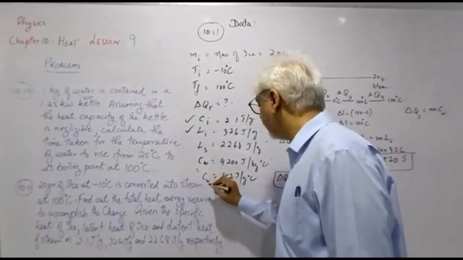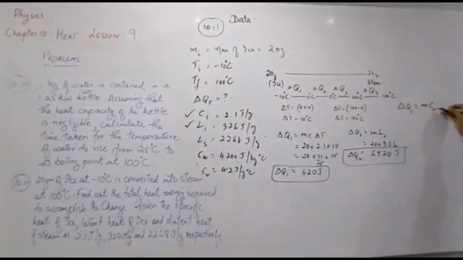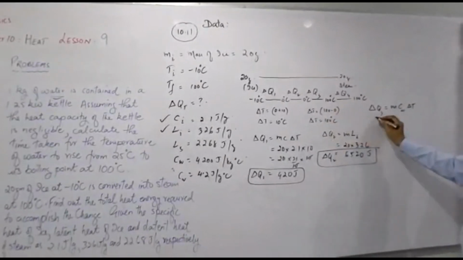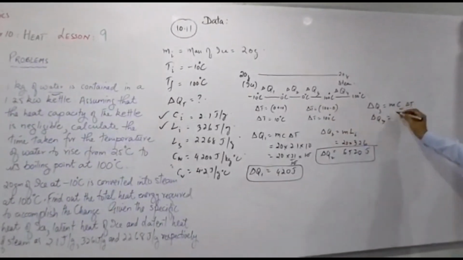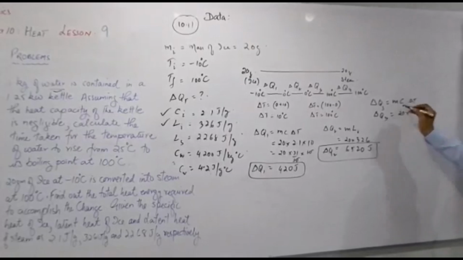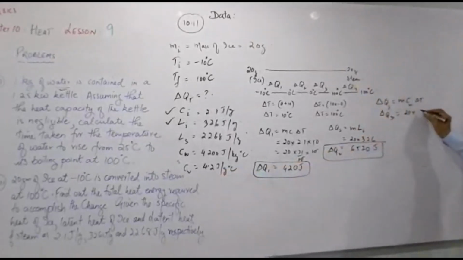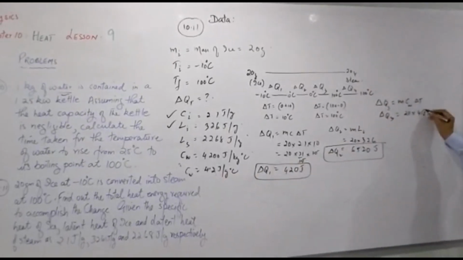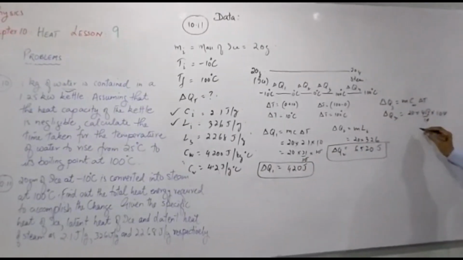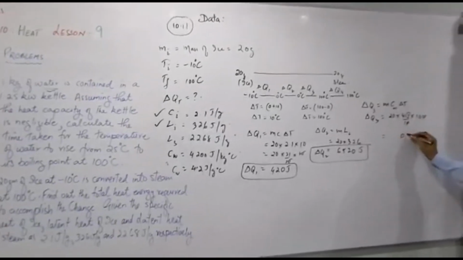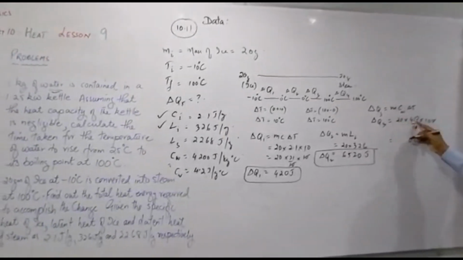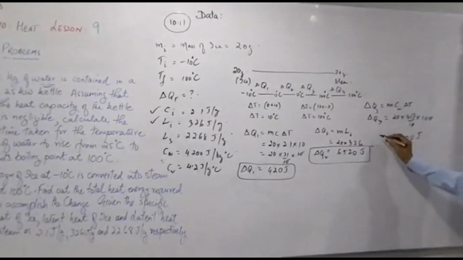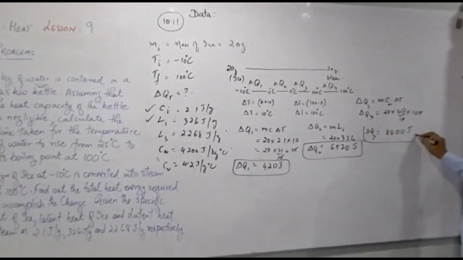So delta Q3 is mass 20 times specific heat of water 4.2 times the change in temperature 100, which gives 8,400 joules. This is what delta Q3 is equal to.